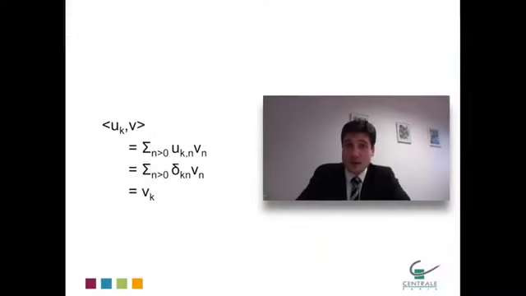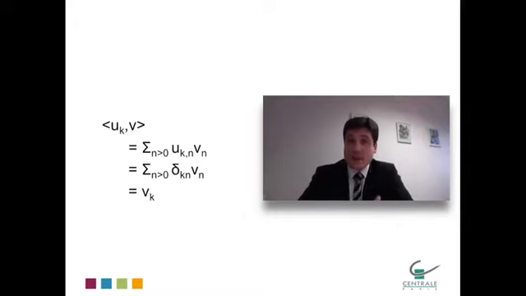Now, if you look at the sequence we just defined, u_k, and you choose a sequence v in l2, the inner product of these two sequences is, well, let's compute it. The series of these u_n v_n, but u_n v_n will really be delta_nk v_n, so that will really be v_k.